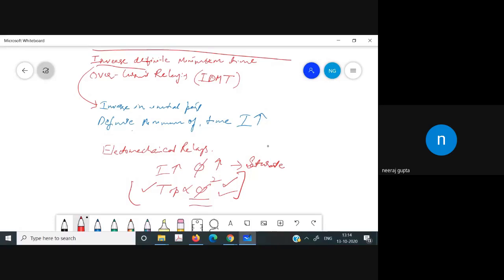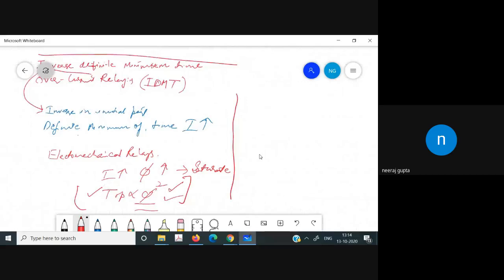So the mathematical relation between the current and the operating time of this relay is given by 0.14 into TMS, the time setting multiplier, divided by plug setting multiplier raised to the power 0.02 minus 1.